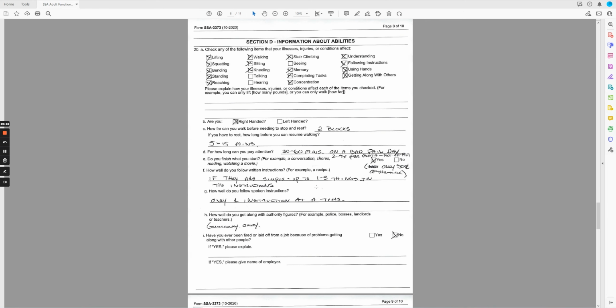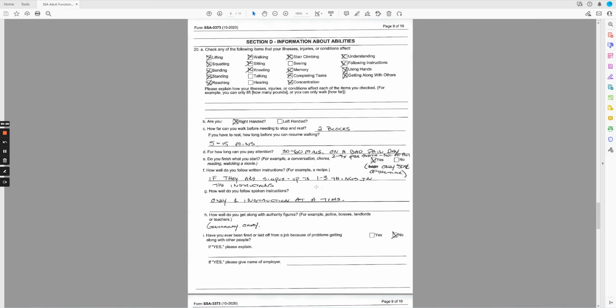Understanding would be someone giving you some information and maybe you're not able to focus on it and understand it, so that's been affected. Following instructions, and following instructions is written instructions and verbal instructions. With following instructions, what they really care about is 1, 2, 3 tasks. Here's step 1, step 2, step 3. And then using your hands and getting along with others, which is what I explained.